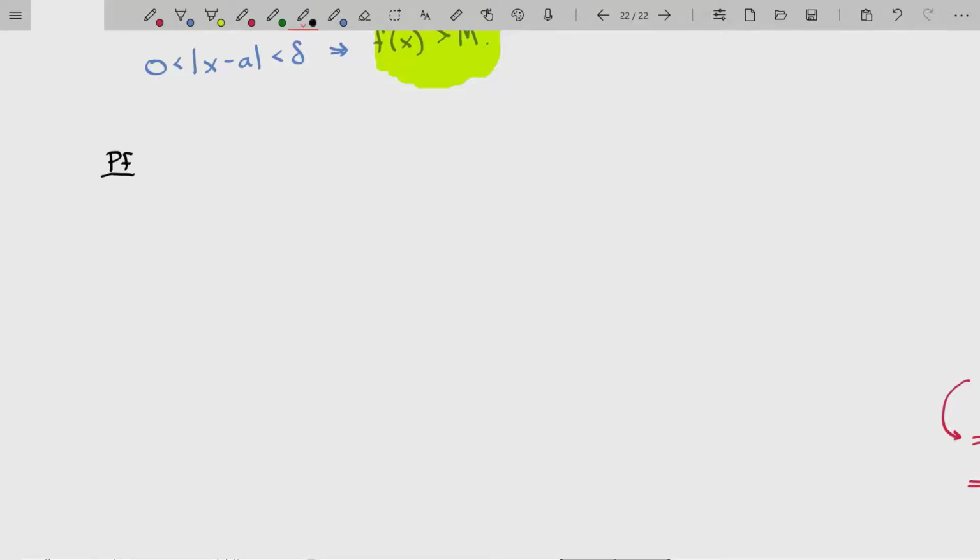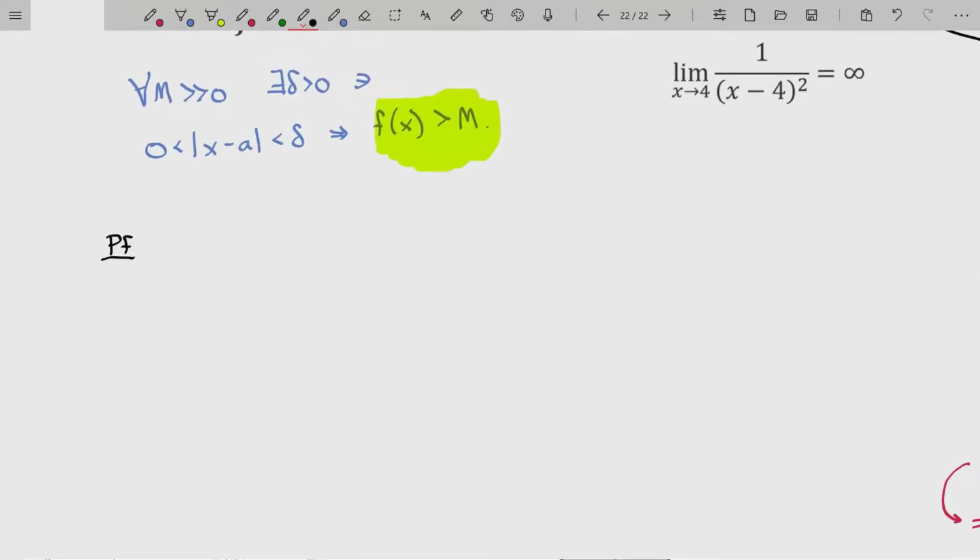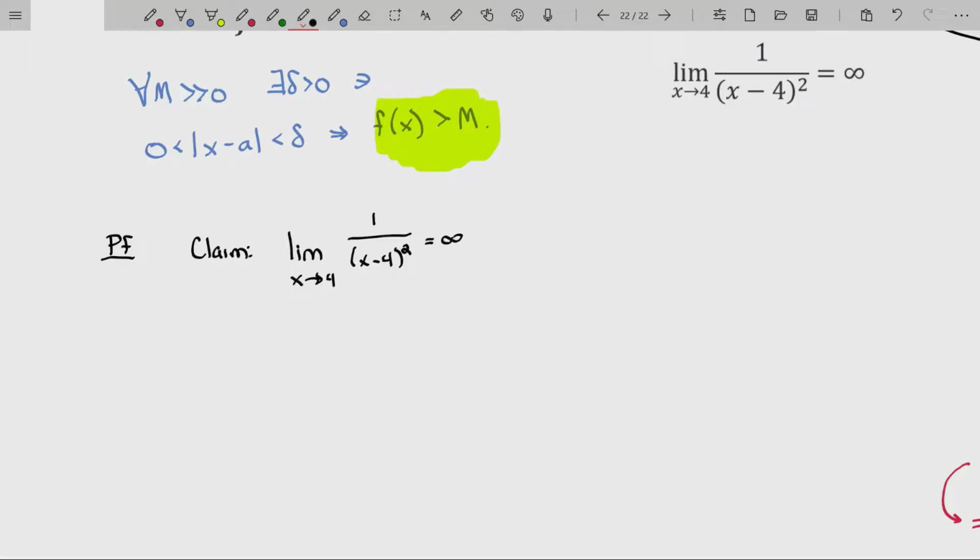So here we go. Somebody says, hey, I hear there's a claim that the limit as x approaches 4 of 1 over the quantity x minus 4 squared is infinity. But we don't believe that. And you say, it's my job to prove that.